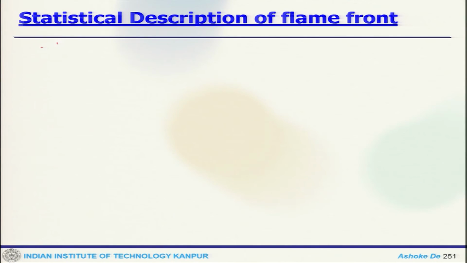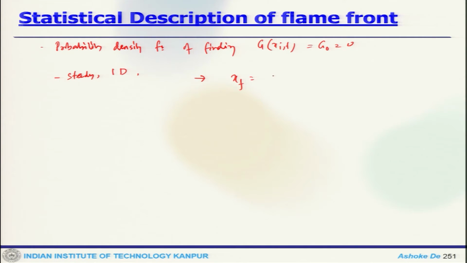Now we can see the probability density function of finding G, which is G naught equals 0. So if you consider a steady one dimensional premixed flame at position xf, where xf is minus infinity to infinity xf fx dx.